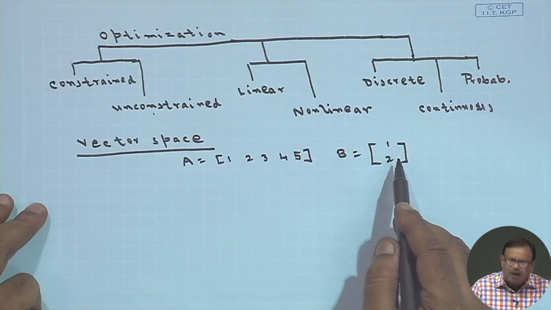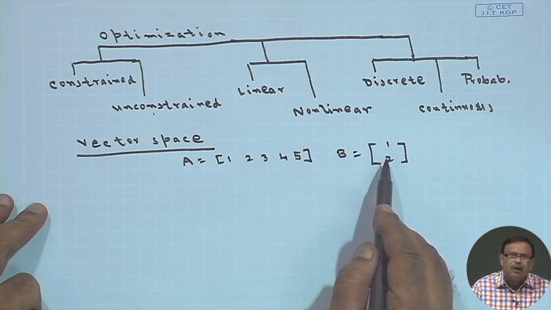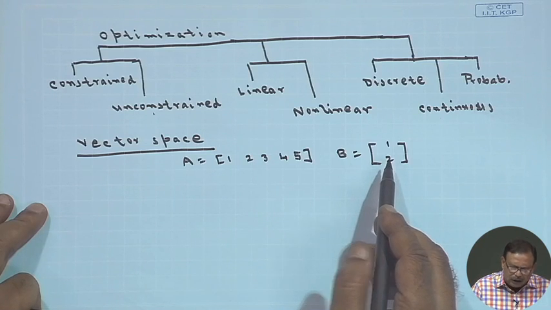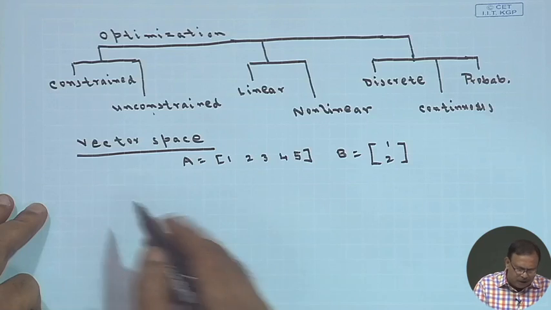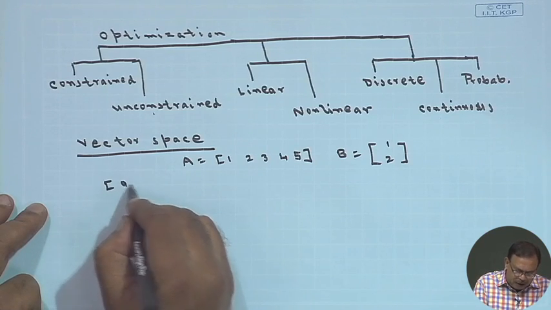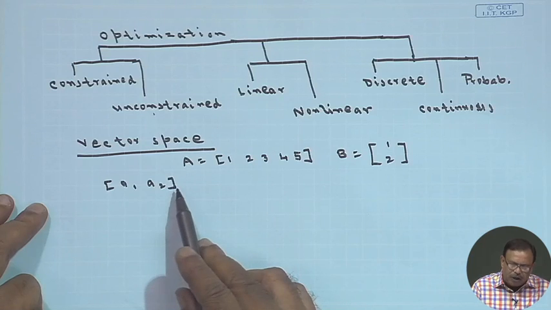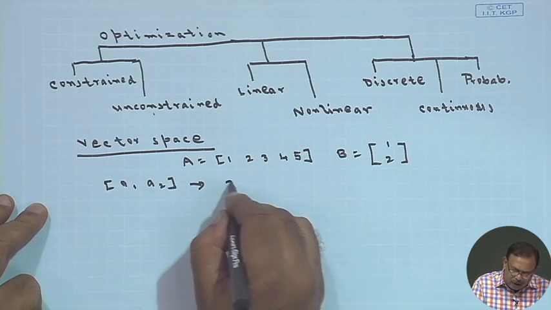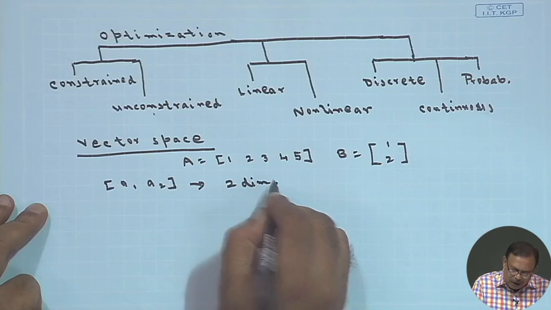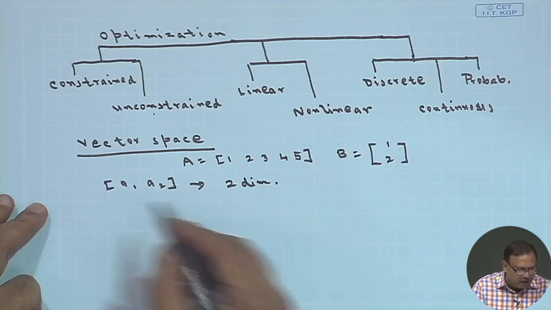This row vector or column vector can be given geometric representations also. If you think of A1, A2, this is a vector. So, this represents a point in two dimensional space. Please note this one.